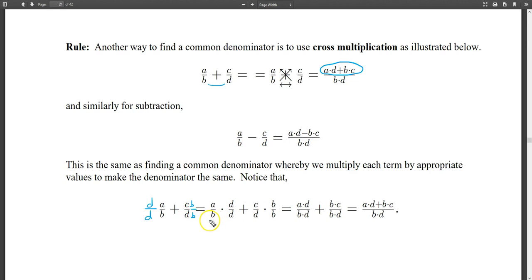That's exactly what we've done right here. And this is the same as a times d over b times d plus b times c over b times d, and now you just add the numerators and you get that. So cross-multiplying really is just finding a common denominator. Now let's look at some examples where we use it.